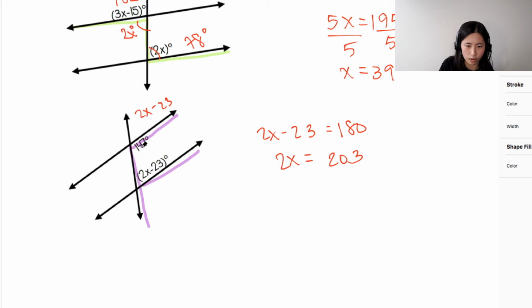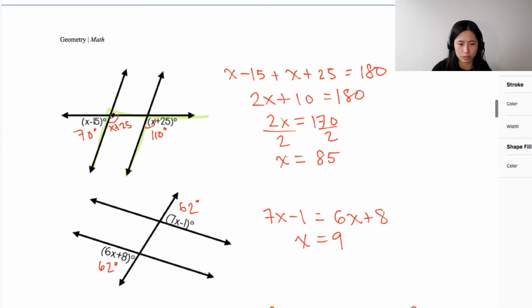If this is 147, that means this has to be 147 as well. If you go back to the F pattern that we talked about, whatever is on the same side of your F, an F looks something like this, whatever this angle is, that's going to be congruent to this angle. Does that make sense? That's why when you have this F over here, this is the same as this one.